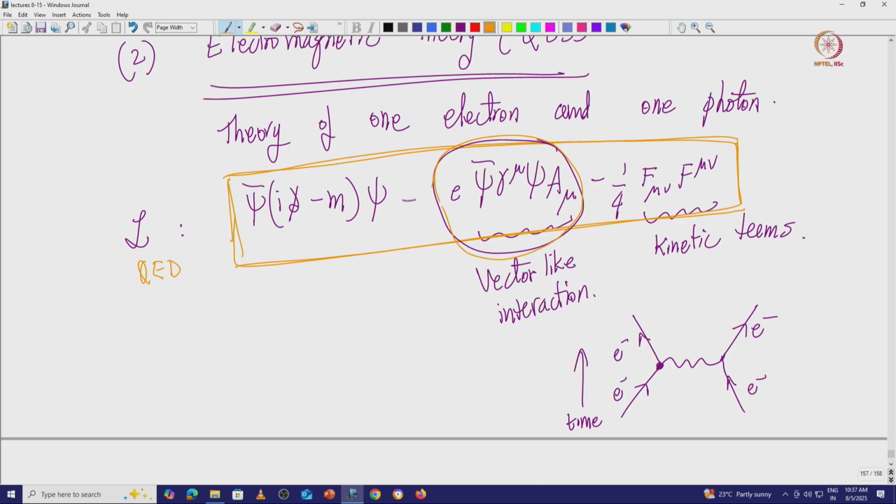So on the right hand side you have a free photon wave function, on the left hand side you have a free electron wave function, and in the middle is the interaction.